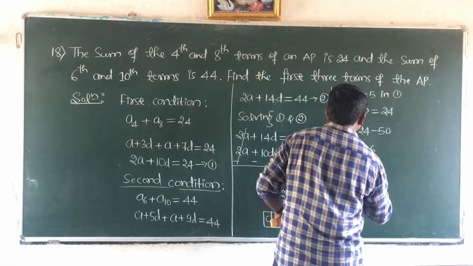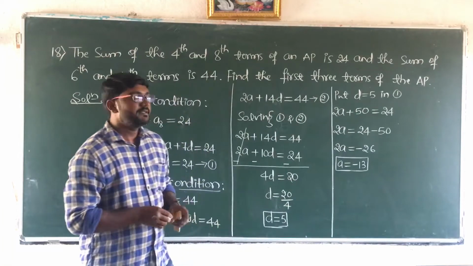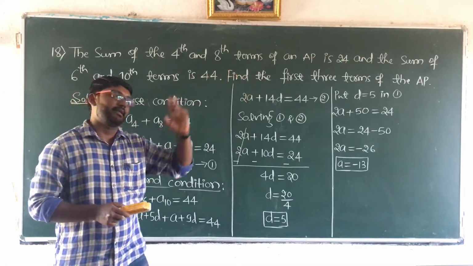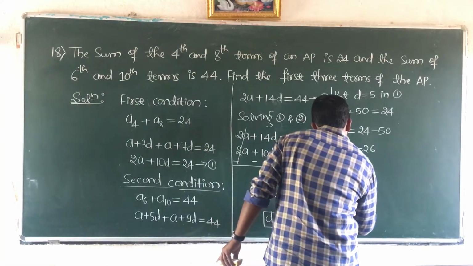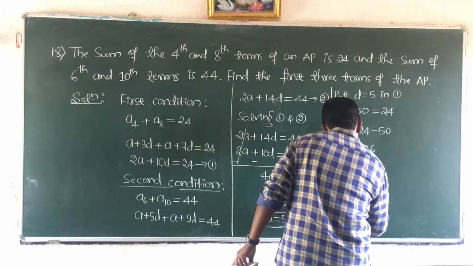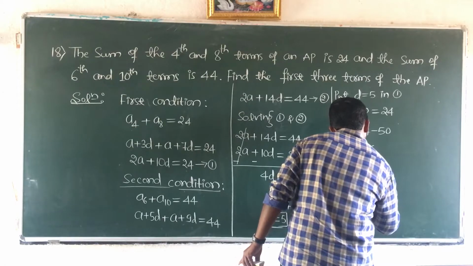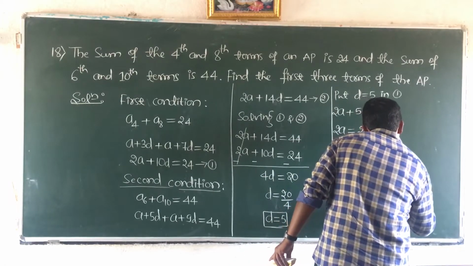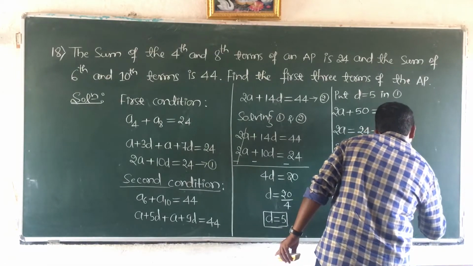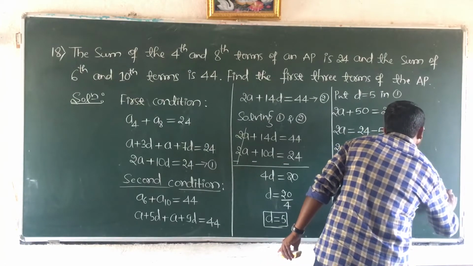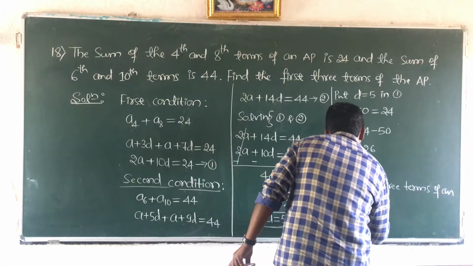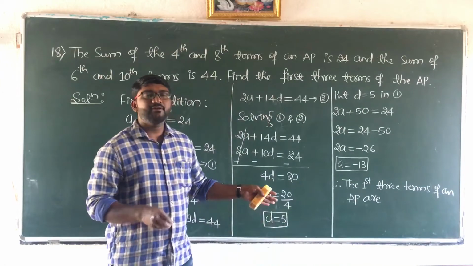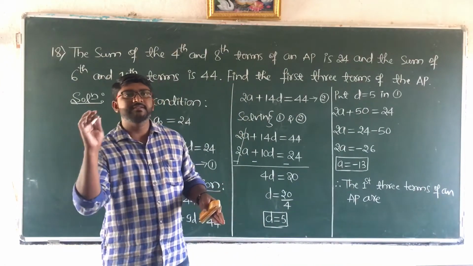So we got the first term and the common difference. By making use of these two, we can write the first 3 terms of this particular AP. The first 3 terms of an AP are A, A plus D, A plus 2D.